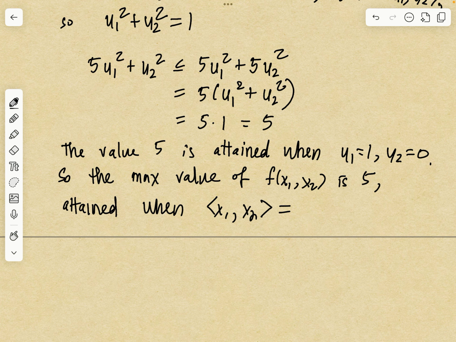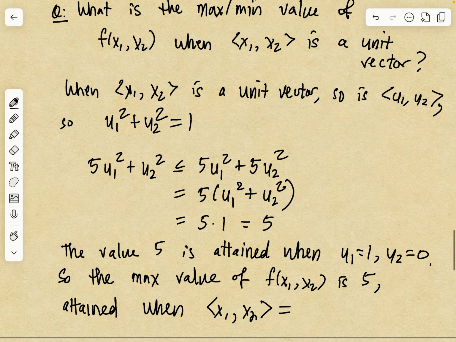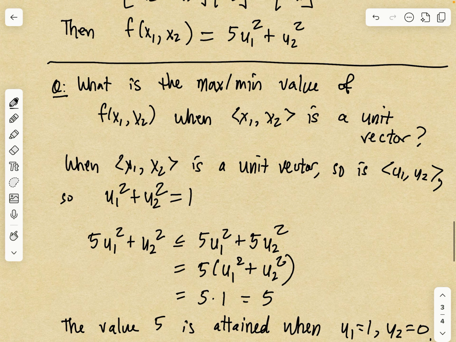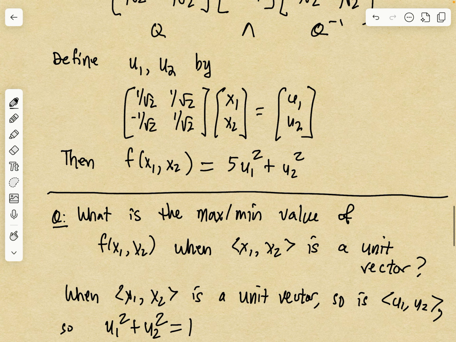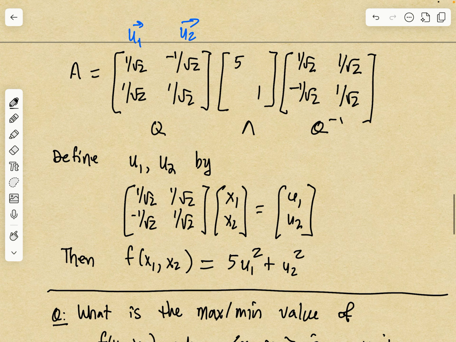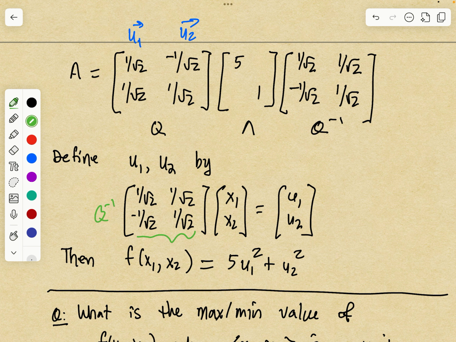Well, it's when u1 is 1 and u2 is 0. And when u1 is 1 and u2 is 0, what's x1, x2? It's going to be the first column of Q. Okay, because, let me just explain that real quick. This matrix is Q inverse.